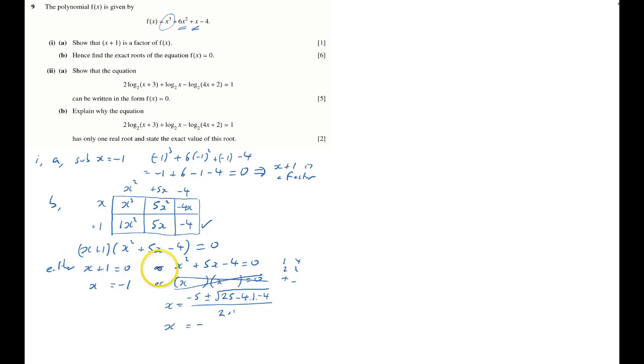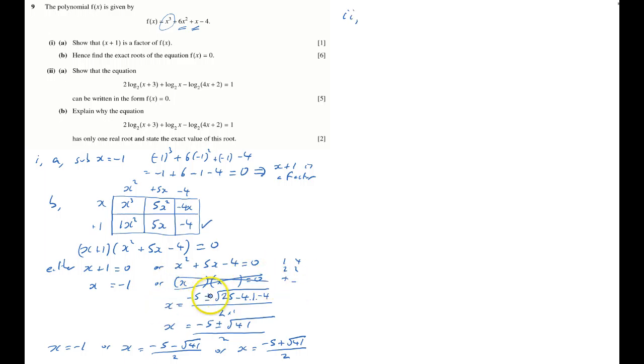So x equals minus 5 plus or minus the square root of 25 plus 16 is 41 all over 2, and I've got to find the exact roots, so I've got x equals minus 1, or x equals minus 5 minus root 41 over 2, or x equals minus 5 plus root 41 over 2. So it's done the first part. Now part 2, over here.